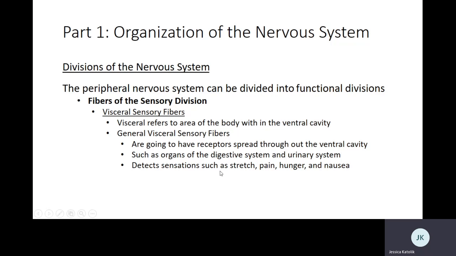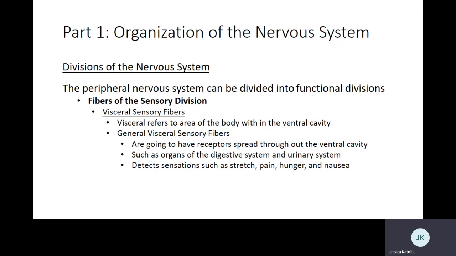So we have a special type of sensory receptor that can detect stretch. They're called baroreceptors because they help us understand the different types of pressure occurring within an organ. A good example of stretch receptors in the visceral cavity is in the urinary bladder.